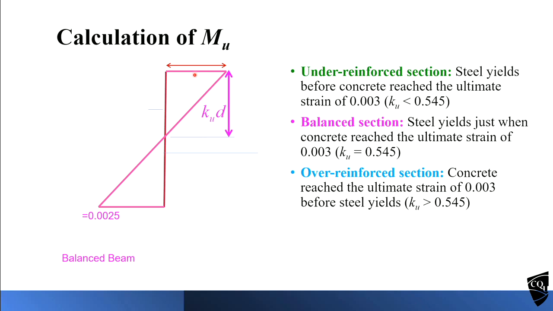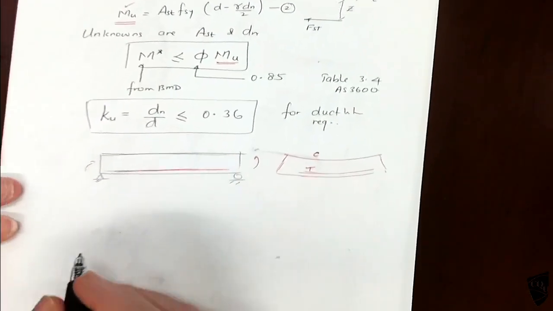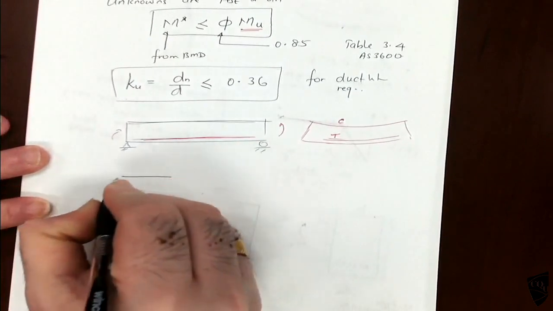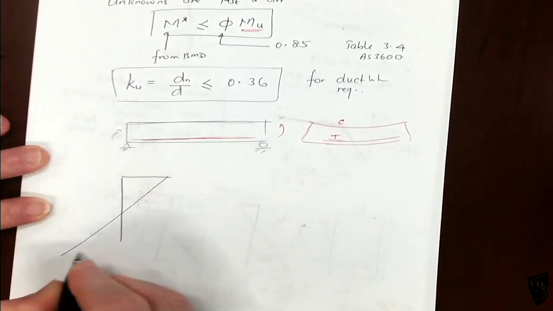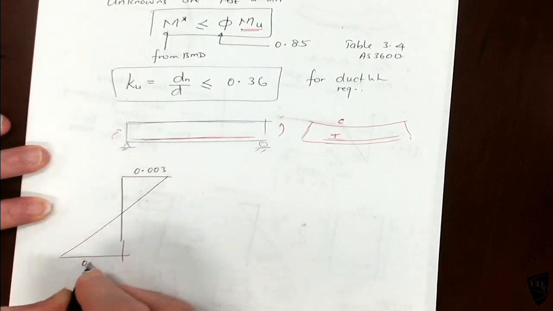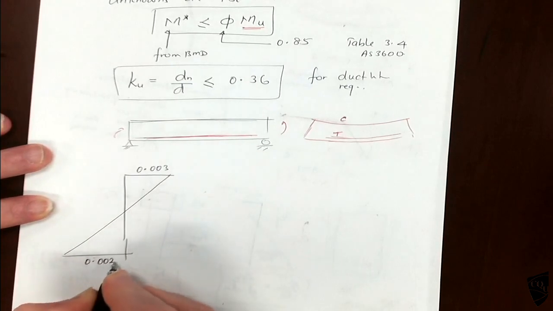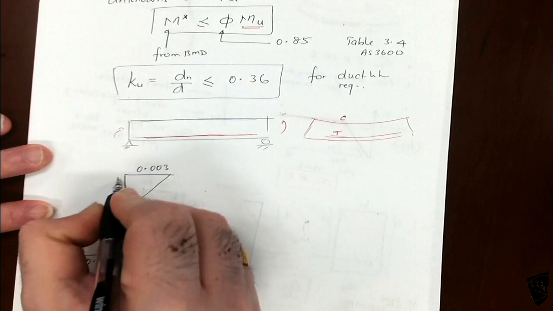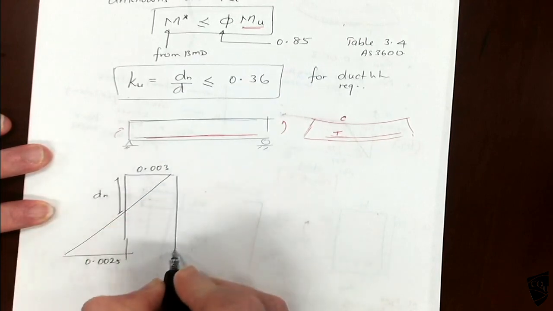If you look at the Ku value, that is the ratio between this one and the whole thing, that is dn, the depth of the neutral axis, using similar triangles. Those who are interested, you can try. This is 0.003, this is 0.0025, this is dn, and this is d.